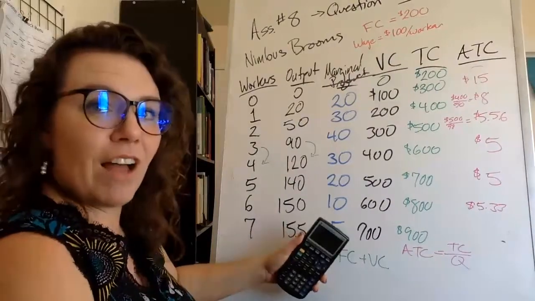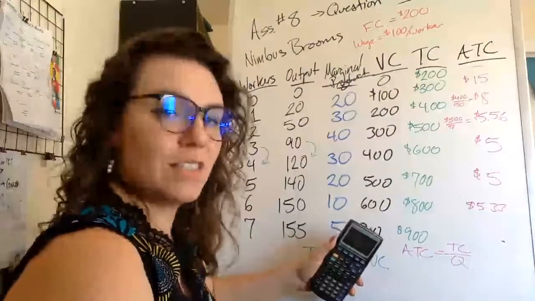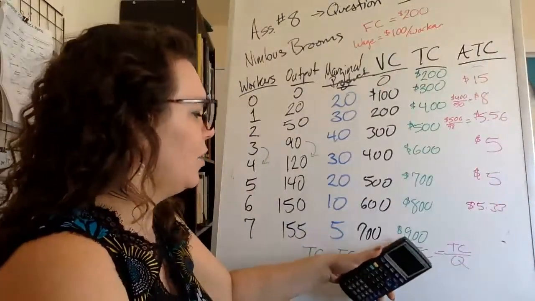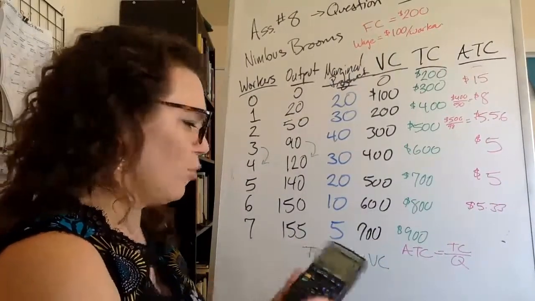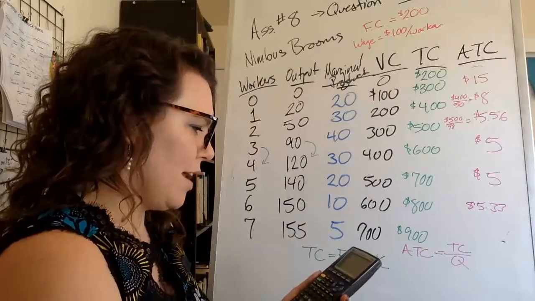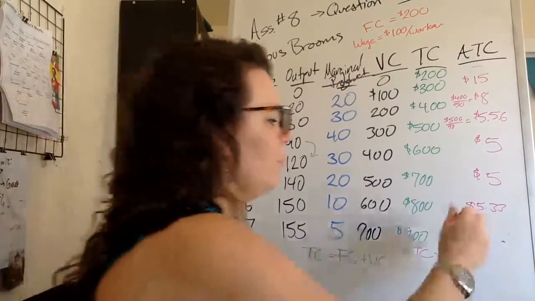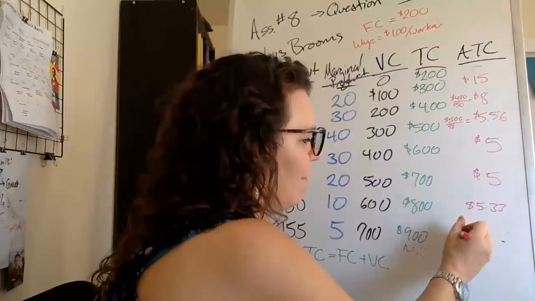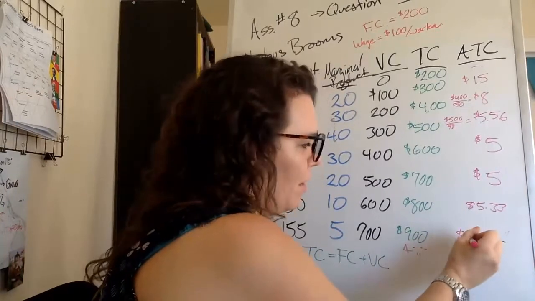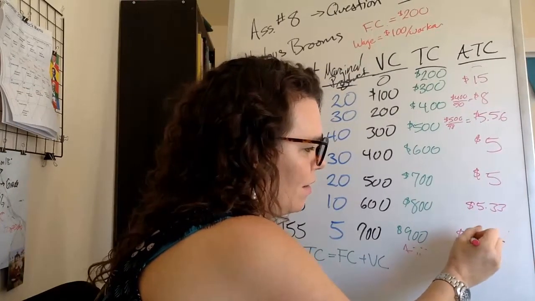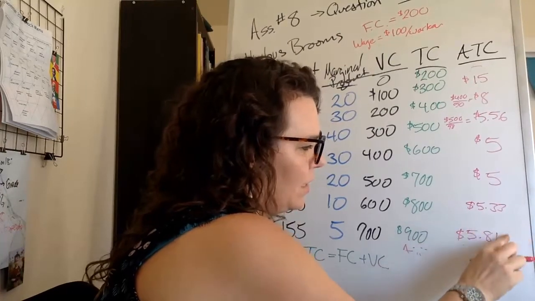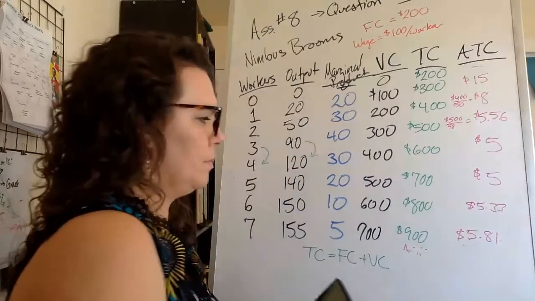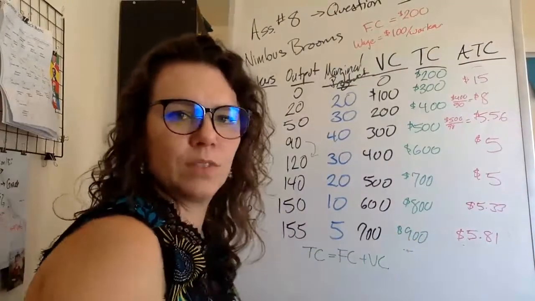It only gives us 5 more brooms, even though it costs us another $100. So at $900 of total cost to produce 155 brooms, each broom now costs us $5.806. I'm going to say $5.81 and round up. Does that make sense? Hopefully.